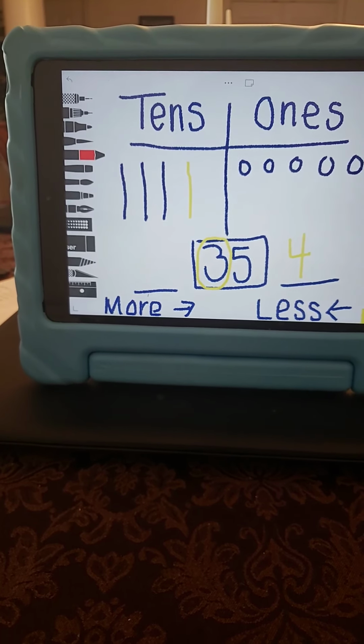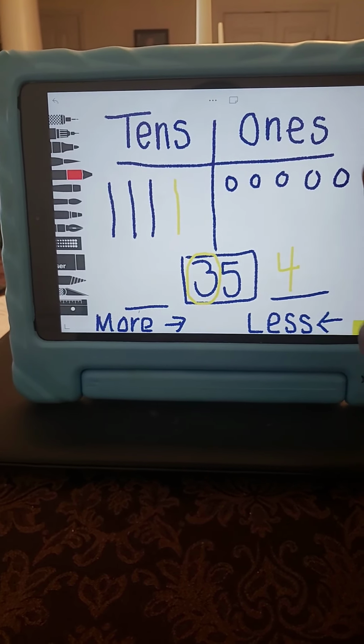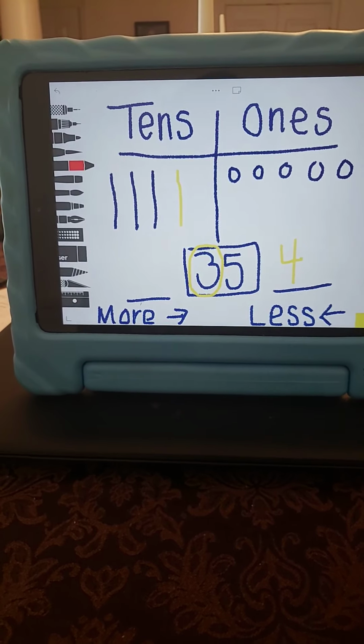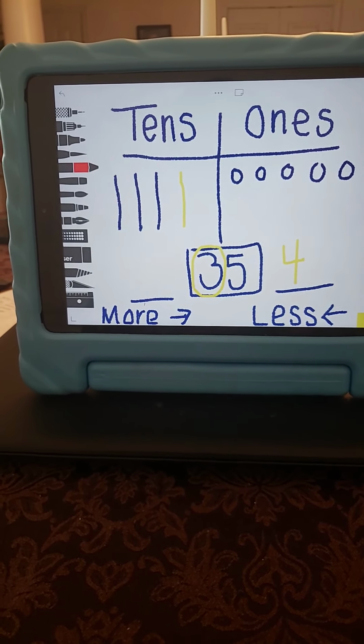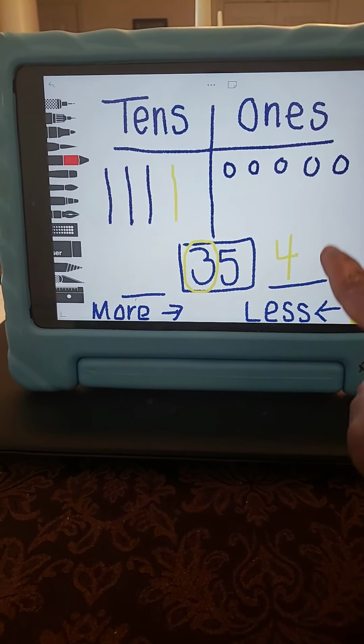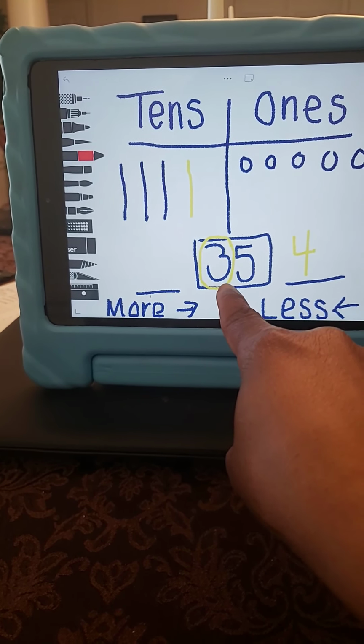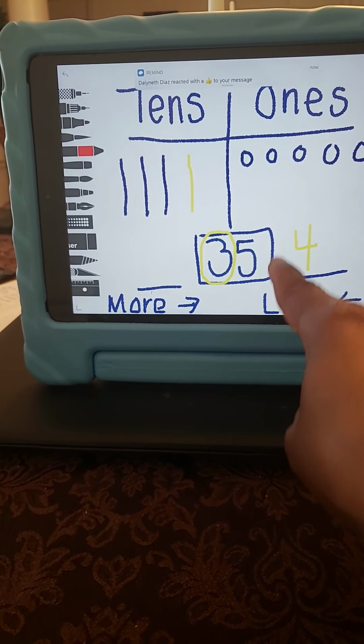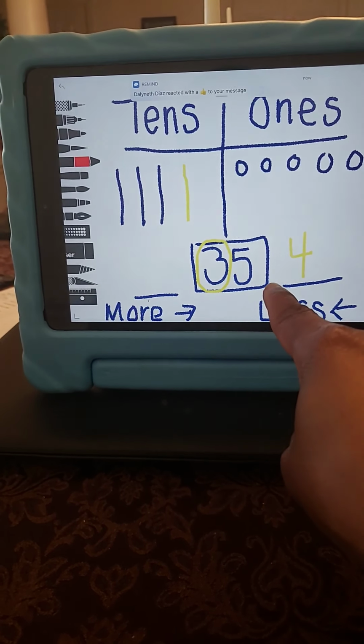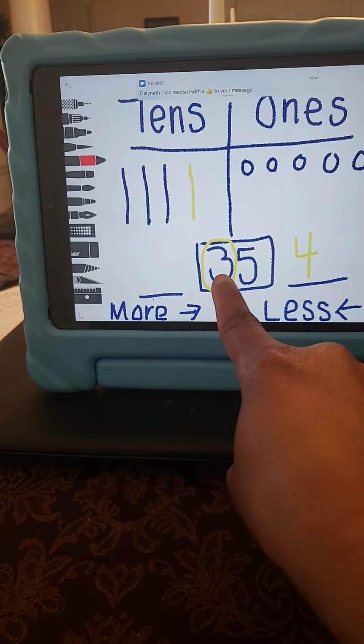Now notice, I'm not going to do anything to my 1s, because when you're trying to find 10 more and 10 less, the 10s change, but the 1 stays the same. So just like I just changed, I went up.